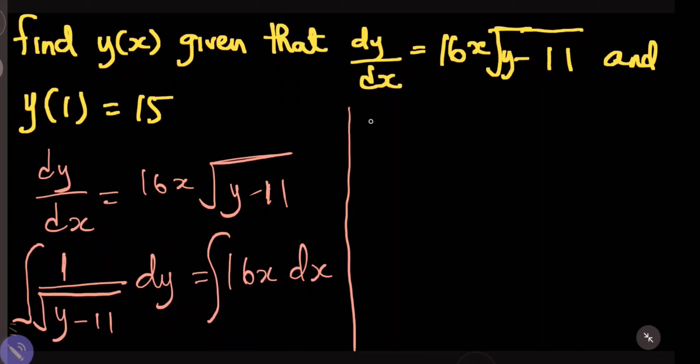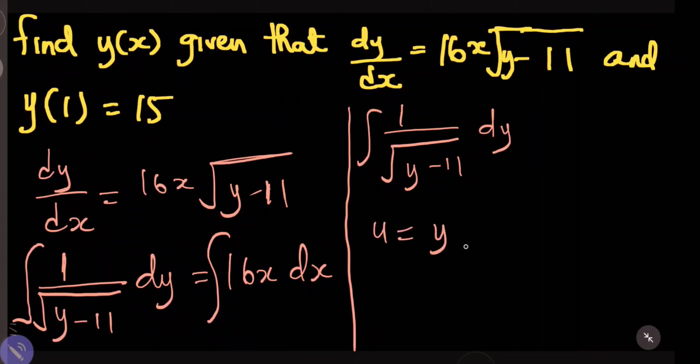Integrating the left hand side, let's try to integrate this dy. Let's start by saying that u is y minus 11, and if u is y minus 11, this means that du is equal to dy.